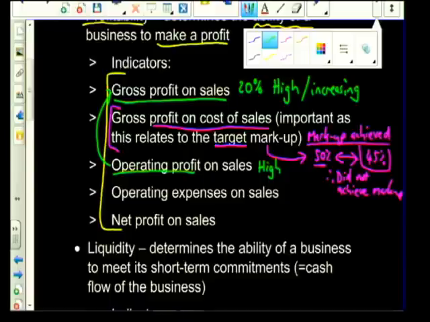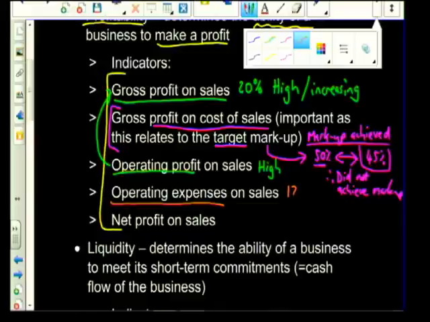Our next ratio is what we call operating expenses on sales. And what we do is we take our total operating expenses, compare them to sales, and let's say we get a percentage of 12%. What this means is that for every R1 worth of stock that we sell, 12% or 12 cents is spent on our operating expenses. Now this would be a very good number because it means that we've got a lot of profit left over. Our expenses are actually quite low.